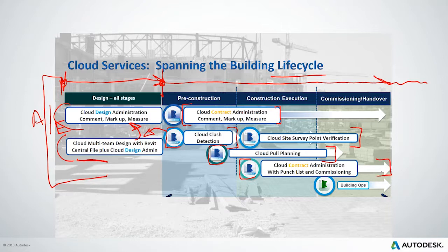Down here, if you're looking for really heavy lifting, workhorse, long-term project, complex projects, contract admin, that includes things like punch list, commissioning, QA, QC, equipment tracking, we have a full-on heavy workhorse tool that allows for this deeper level of construction administration.